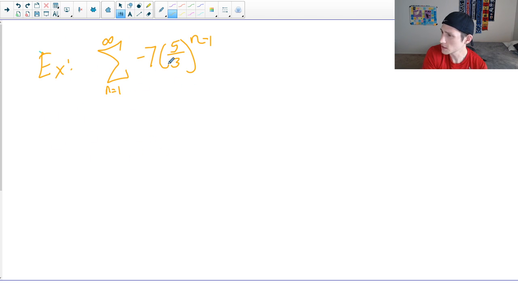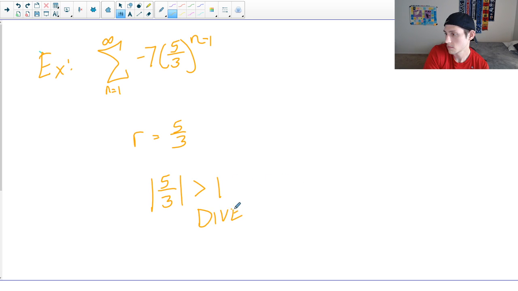So it looks like it's in the form, it is a geometric series, right? A1 times r to the n-1. But my ratio is 5/3. The absolute value of 5/3 is 5/3, which is larger than 1, which means that it diverges. Now, what does diverges mean? It means there is no sum.